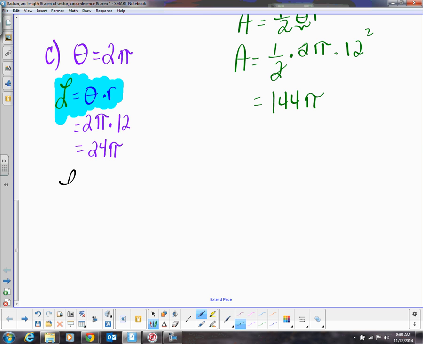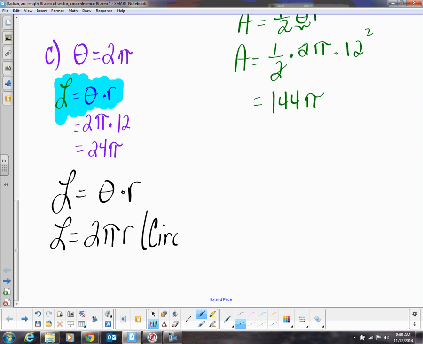If I take my arc length of theta times r, what is a full circle in theta terms? Have you ever seen the formula 2 pi r? In middle school, that was your circumference formula. Now, if you prefer that, that's fine. But that means you have to remember arc length for not a whole circle, and this for a whole circle, which means you have to remember two formulas.